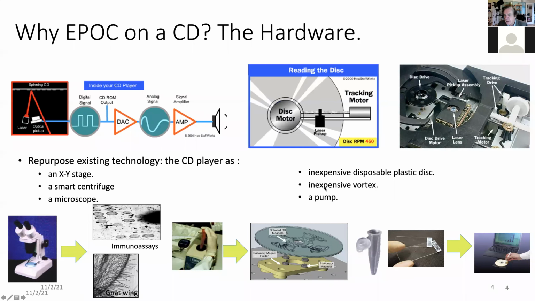And then it's also, of course, an inexpensive disposable plastic disc. So this disc ought to replace these tubes you're used to using, these microscope slides, etc. Right? So that's why this hardware is, in our opinion, of big interest.